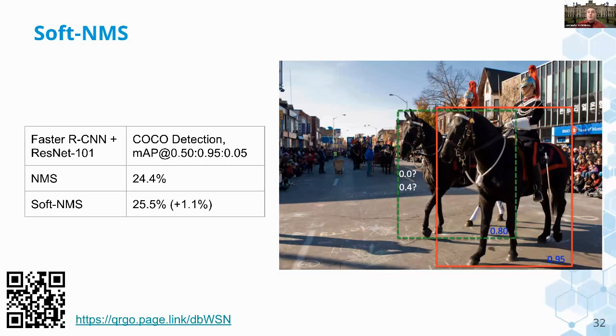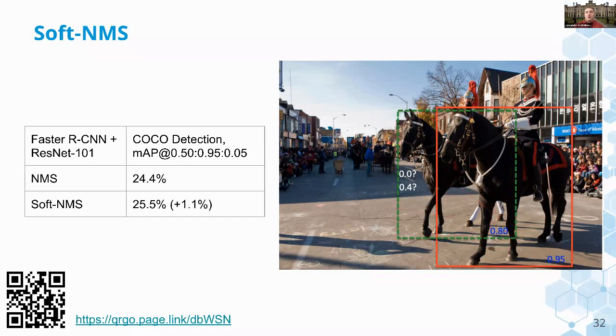So as we can see in this image, assume that we have two predictions of two horses that are standing close to each other. And when we simply apply the NMS algorithm, the second horse, which has a lower confidence score, will simply disappear.